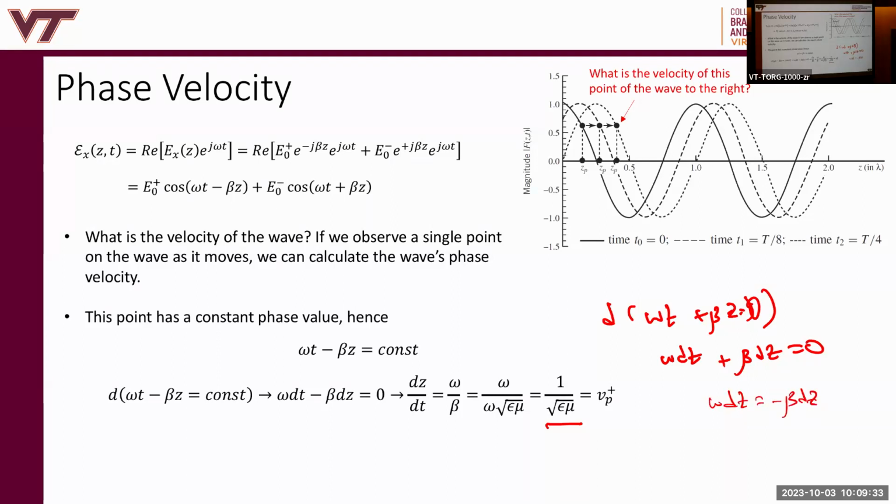No, I did that backwards. It should be dz by dt equals negative omega over beta. Yep, so you get a minus sign. That just means it's moving in the opposite direction.